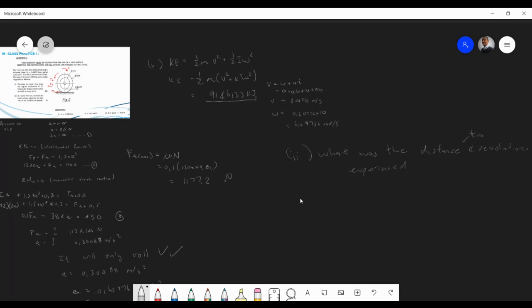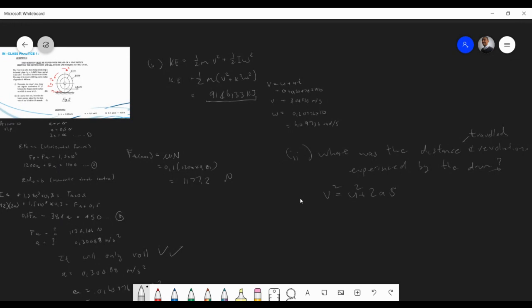Questions like that could come up, using v squared = u squared + 2as. You can exactly see how far the drum traveled in that particular time.